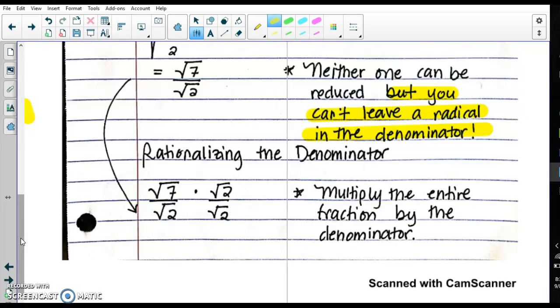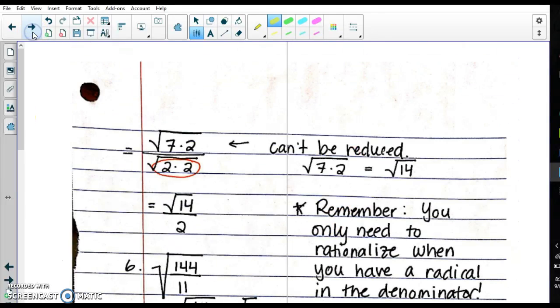So the way you do that is you multiply the entire fraction, meaning the numerator and the denominator, by the denominator. So here, our denominator is the square root of 2. So we're going to multiply everything by the square root of 2. So now the top portion becomes the square root of 7 times 2 over the square root of 2 times 2.